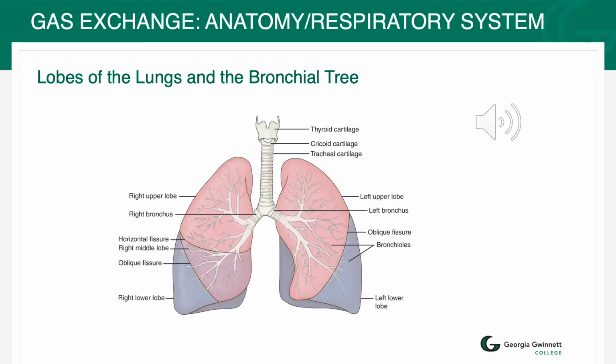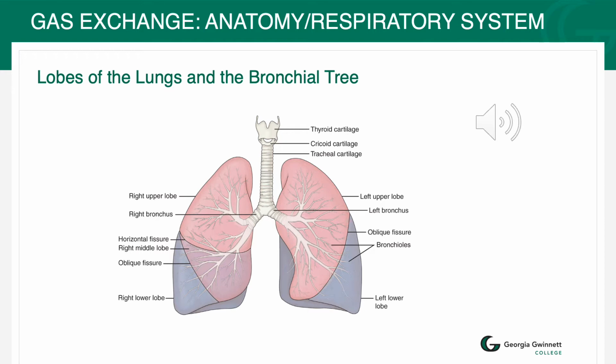So here's a picture of the lungs. On the left-hand side, you have an upper and lower lobe. On the right-hand side, you have upper, middle, and lower. I also want you to take note here of the trachea and how the tracheal branch on the right-hand side has a straighter, more direct angle versus the left-hand side.